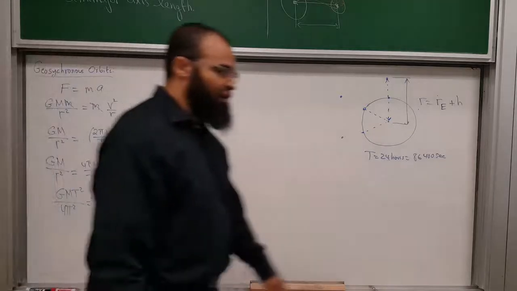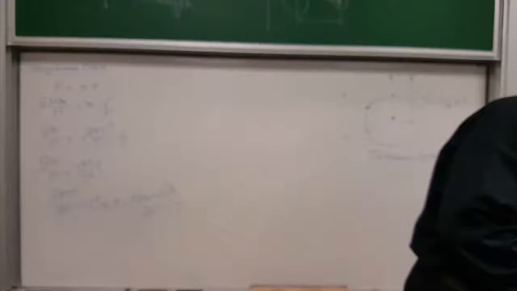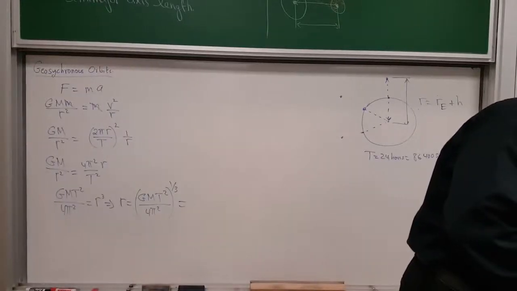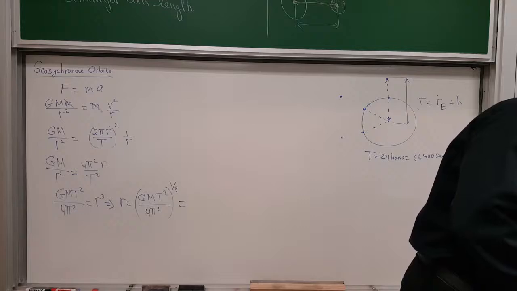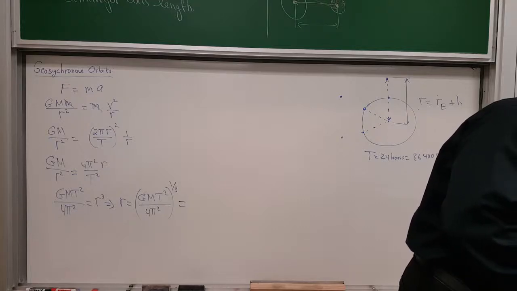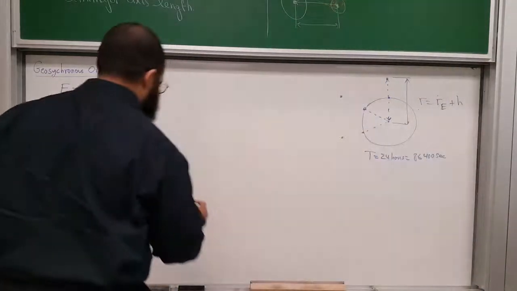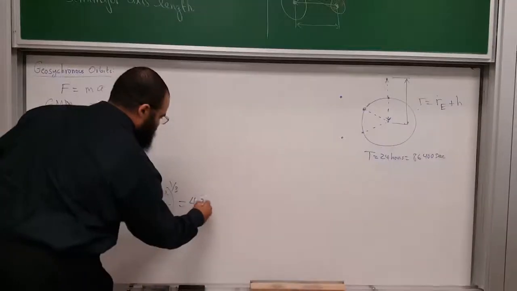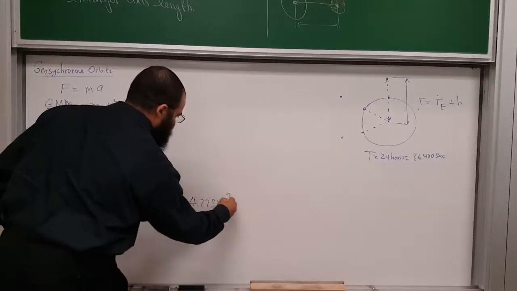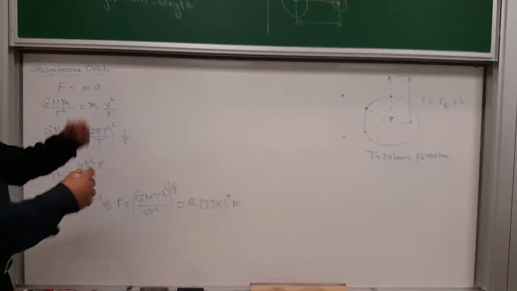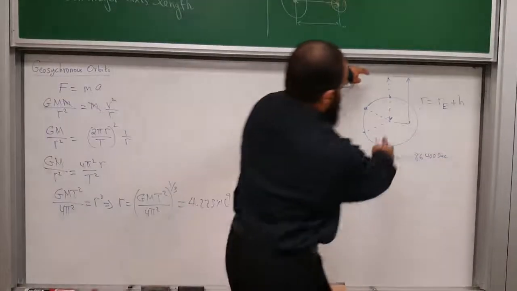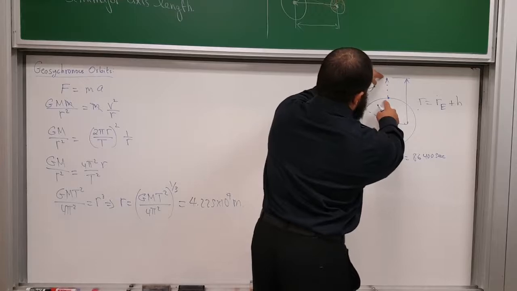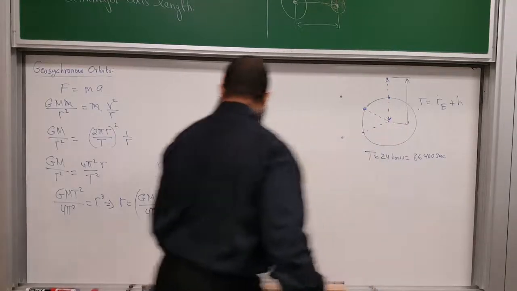So when you do that, you get 4.225 times 10 to the 7 meters. So that's r. We want to know the height above Earth. So you have to subtract the radius of the Earth.